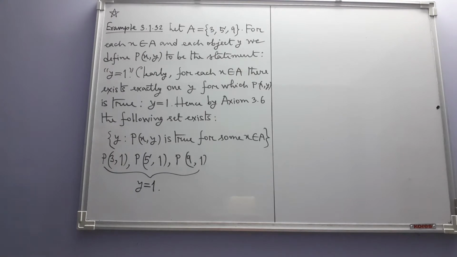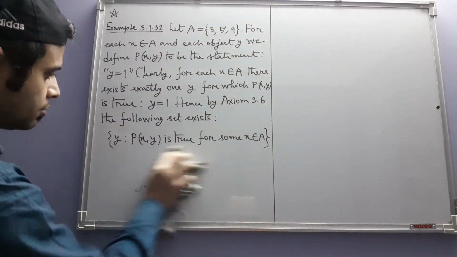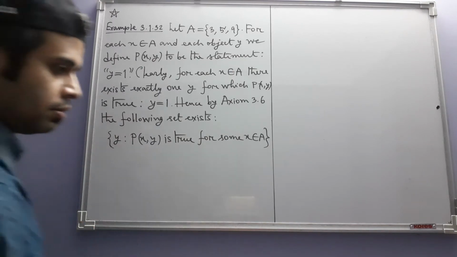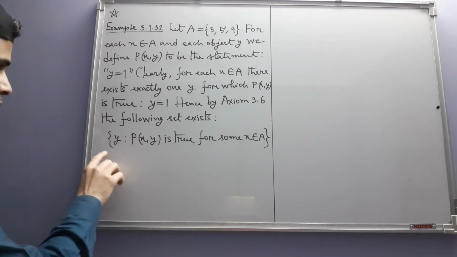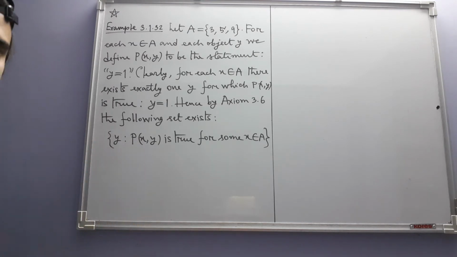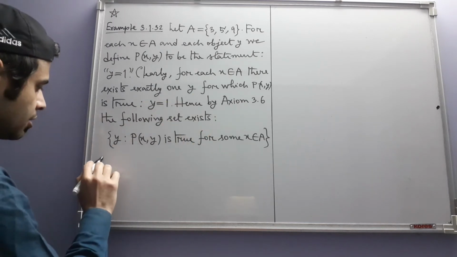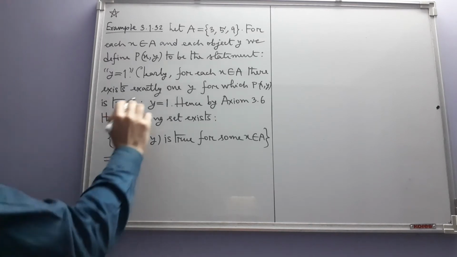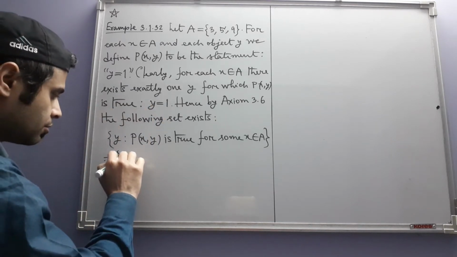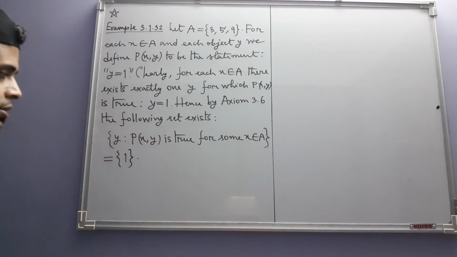Okay. So those values of y can be collected together, and that collection will be a set. That's what Axiom 3.6 says. So in this particular case, we see that there is only one such value of y, which is 1. So we get the singleton set 1.